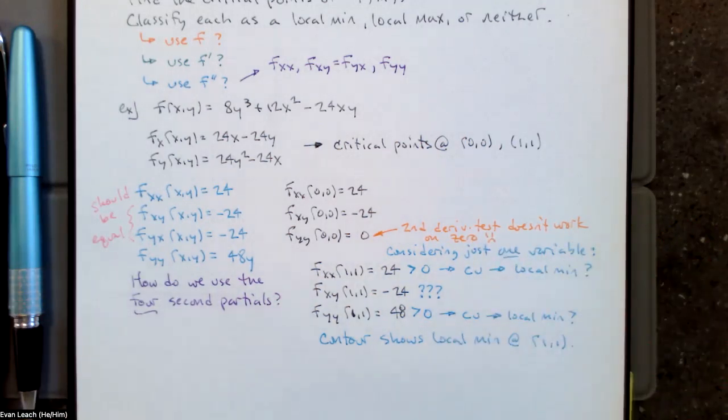The second derivative test doesn't work when we get a 0. It's not telling us anything. It might be a max or min. It might be an inflection point. We can't tell. That's why we had to look at the graph.